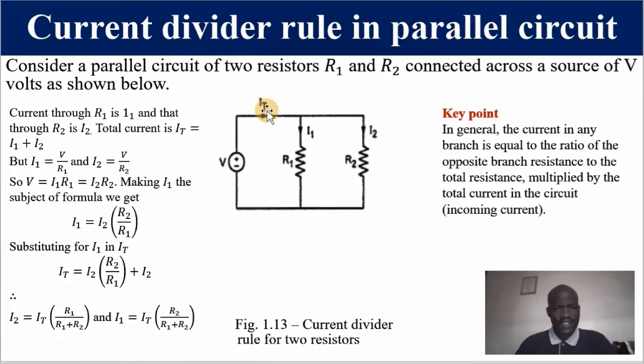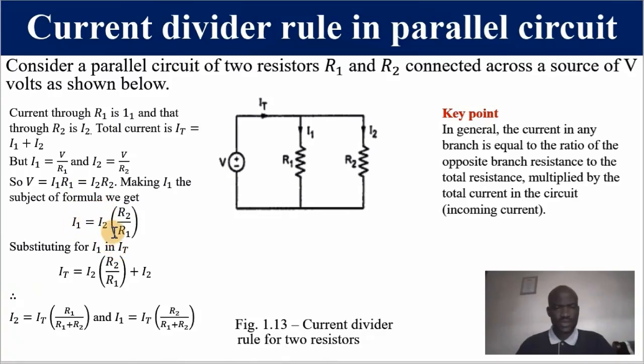We are saying IT is equal to I1 plus I2, and the voltage across R1 is equal to V, and the voltage across R2 is equal to V. So we can safely say I1 is equal to V divided by R1 and I2 is equal to V divided by R2. Because of that, we can safely say V, which is equal to the supply voltage, is equal to I1 R1, and this is also equal to I2 R2. If we make I1 the subject of the formula in these two equations, this is going to be the formula for calculating I1.